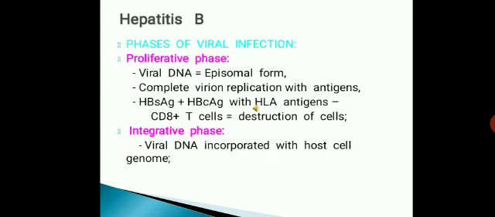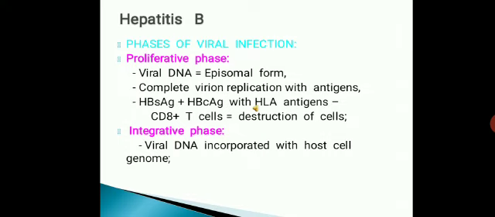Now hepatitis B viral infection has two phases of infection. One is the proliferative phase and the second one is the integrative phase. In the proliferative phase, the viral DNA has an episomal form. It is present in the cytoplasm independently from the host DNA.